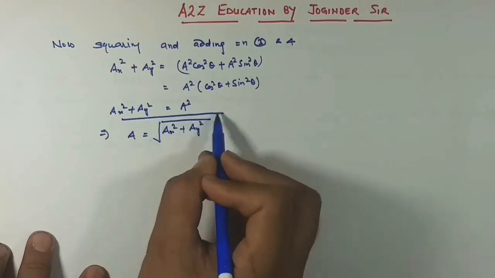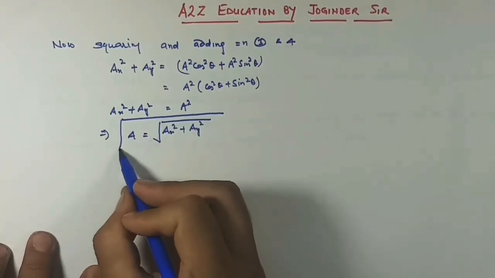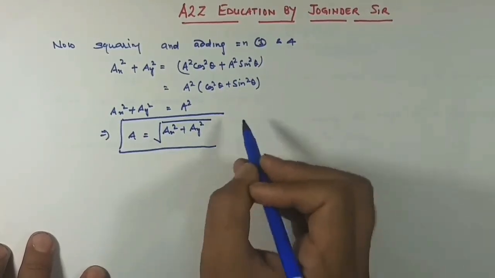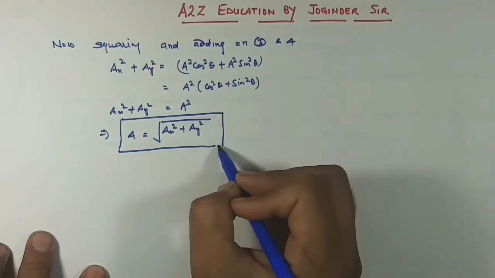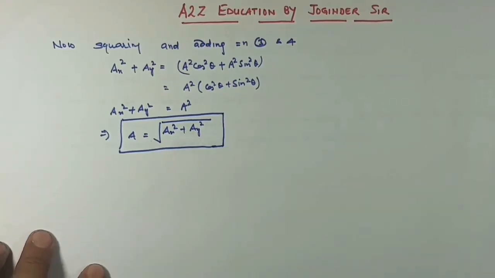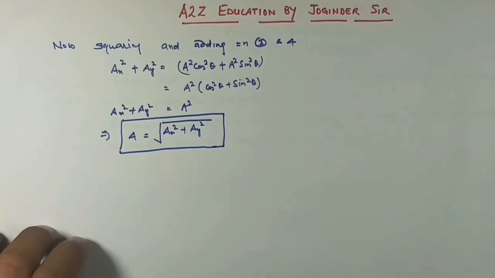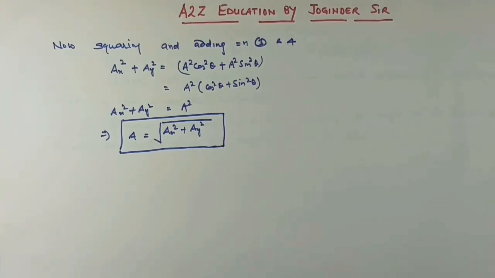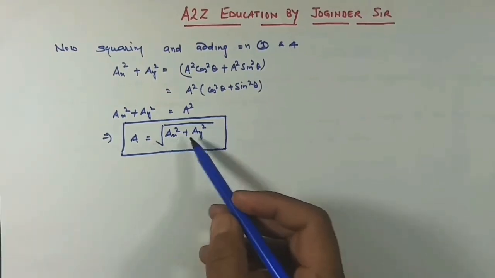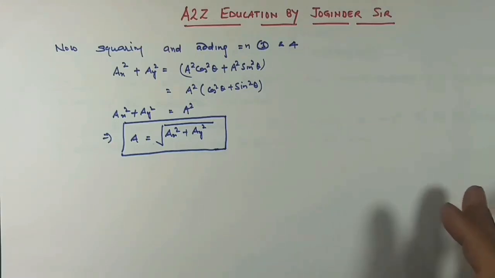So that is the magnitude of vector A in terms of its rectangular components. A is equal to square root of AX square plus AY square.